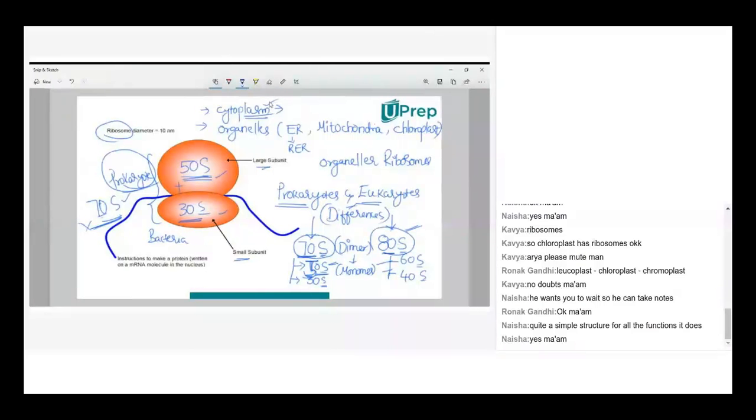This is all about the structural aspect of the ribosome. Any doubt with the structural aspect of the ribosome? Yes, Ronak, what are the 60S, 40S, 50S, 30S? Those are the molecular weights of that subunit. Molecular weight of the largest subunit is 50S. Molecular weight is not just a number.